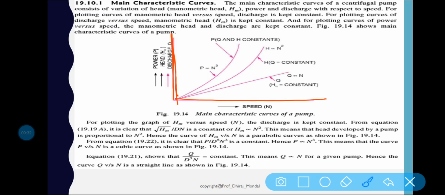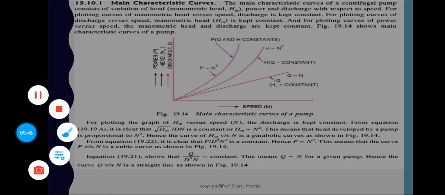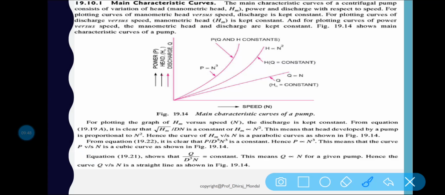So you can see, if you take power versus speed, then at that time Q and H will be constant, discharge and head will be constant. So this is the graph. You can see if you increase the speed, power also increases.